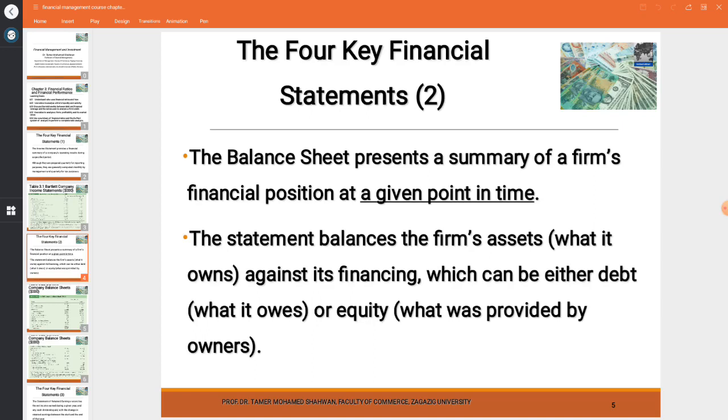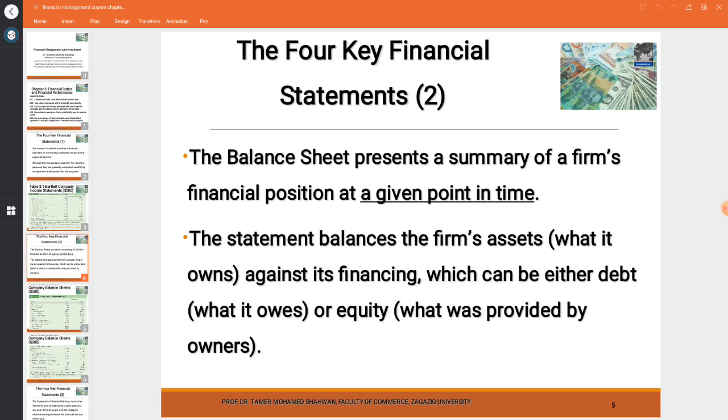This type of statement is divided into two parts, two sides, the right hand side and the left hand side. The right hand side is a reflection of the firm's assets, what the firm owns, and the left hand side is a reflection of how this firm is going to finance its activities.